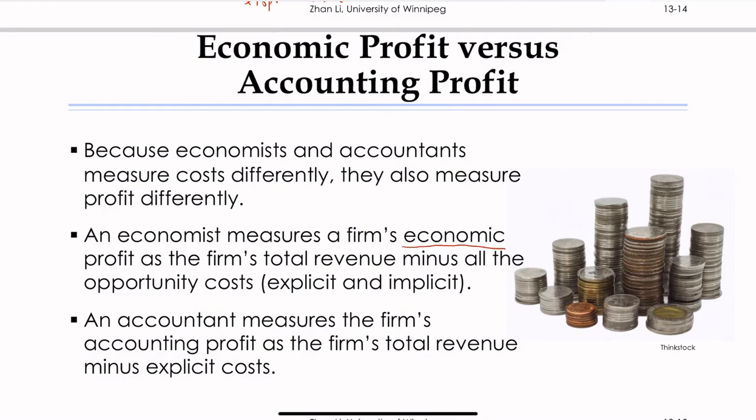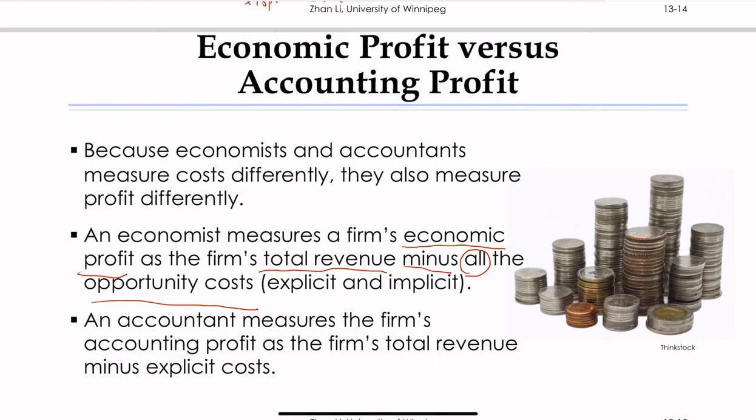So we would care about economic profit, which is defined as the firm's total revenue minus all the opportunity costs. So here the key is all the opportunity costs, which means we have to include both explicit and implicit opportunity costs.